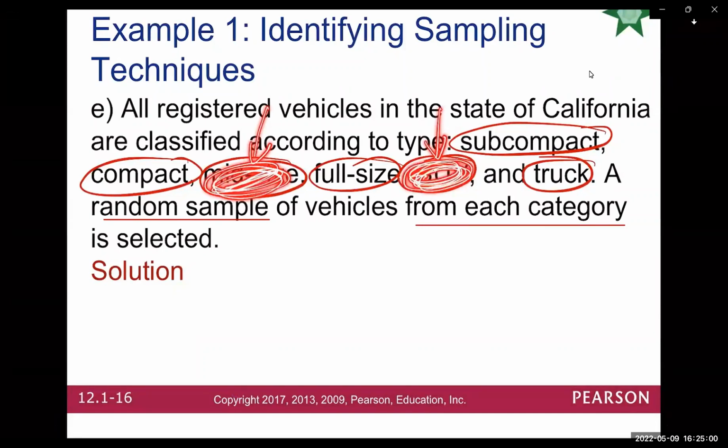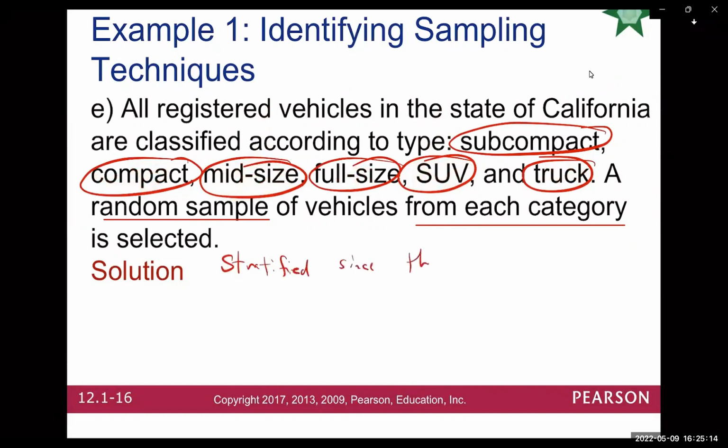But in this case, they're taking a sample of compact, a sample of midsize, a sample of full size, a sample of each one. So that is stratified, since they are taking a sample of each category. That is the definition of stratified.